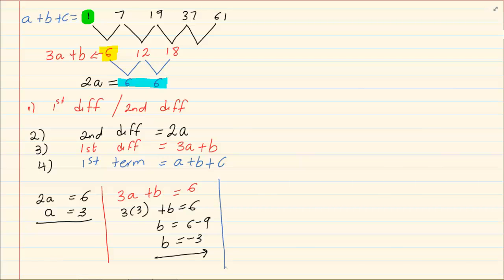Now remember, you are solving for the unknown. So we have that a plus b plus c is equal to 1. You already have a, it's 3. You already have b, it's minus 3. So we're simply going to substitute: 3 minus 3 plus c is equal to 1. Now we solve for c. So I have that c is equal to 1.